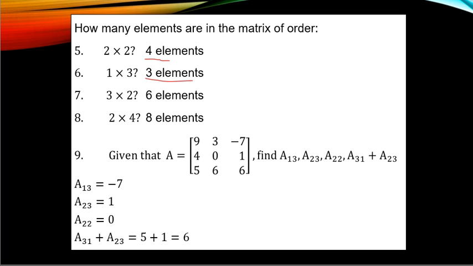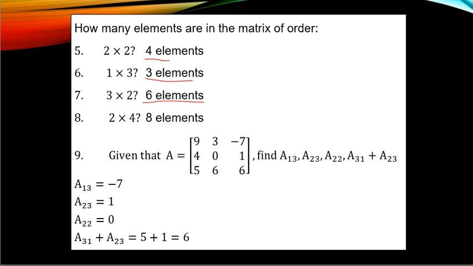This is a matrix with 1 row and 3 columns. You have 3 elements. For 3 by 2, if you decide to write a 3 by 2 matrix with 3 rows and 2 columns, when you count all the elements, you're going to have 6 elements.